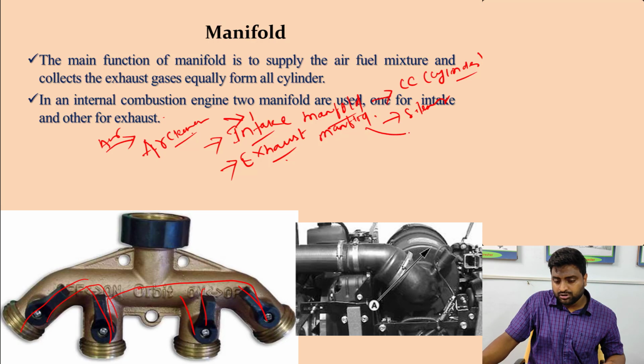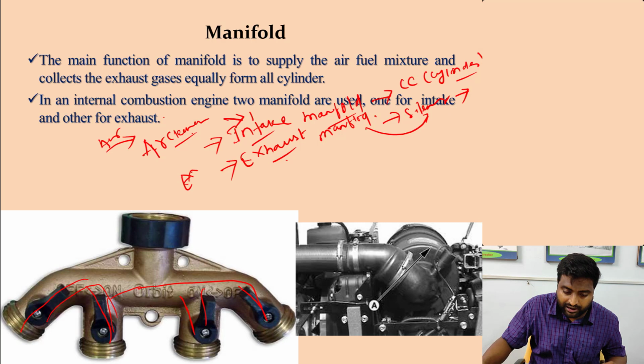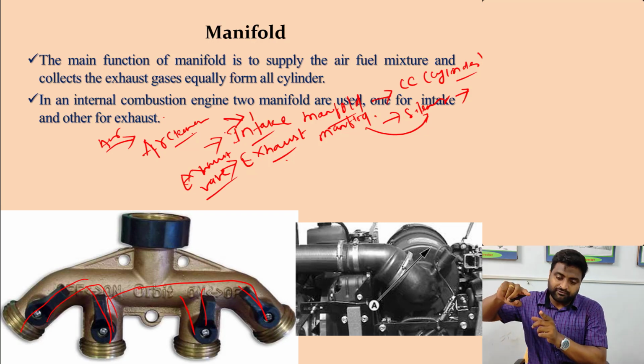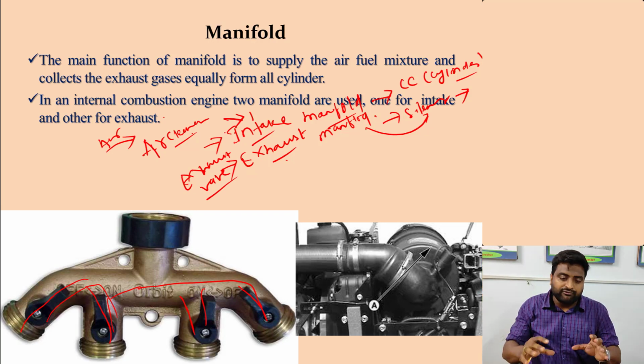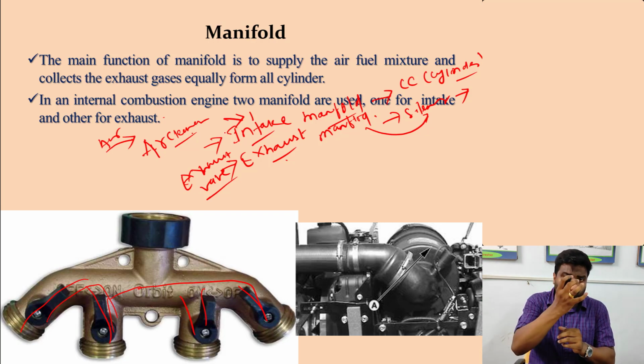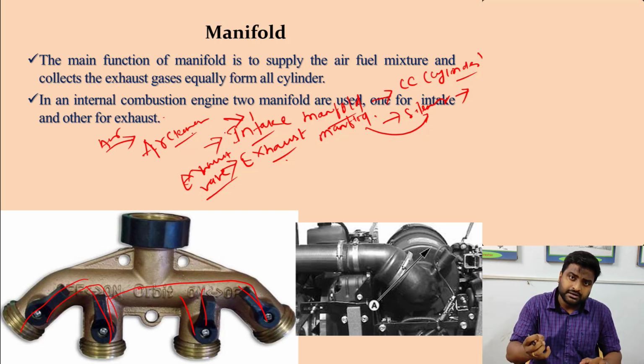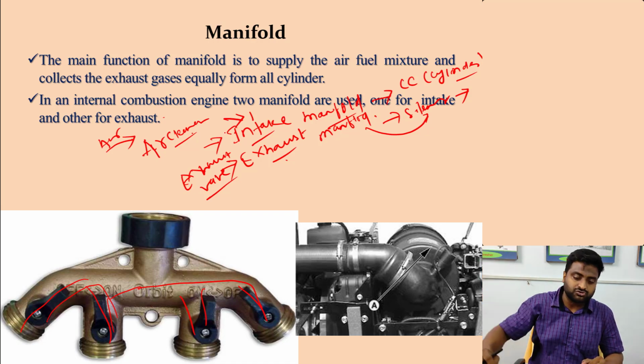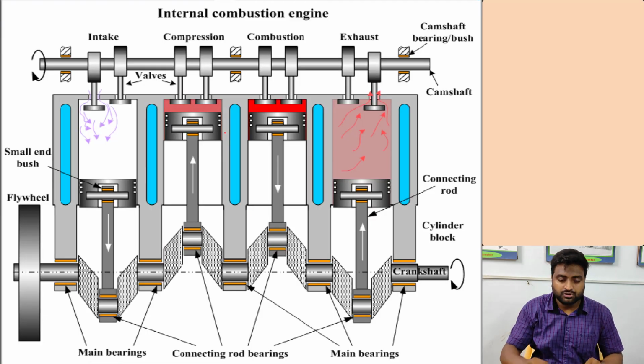Through the exhaust manifold, the air goes out to the silencer and to the outside through the exhaust valve. So the exhaust valve helps to take the air outside through the exhaust manifold into the silencer. So manifold means the passages through which the air-fuel mixture or the air comes inside, or through which the burnt gases go outside, known as the exhaust manifold. This is how the total ICE engine looks, and these are the different parts.